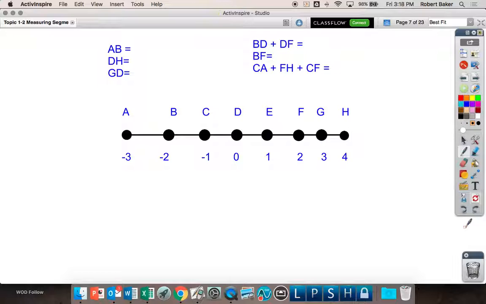4. That was the last answer, wasn't it? So this is 4, and this is 4. So you could say that BD and DF are exactly the same as BF. Yes. That we literally just did adding segments together, the segment addition postulate.